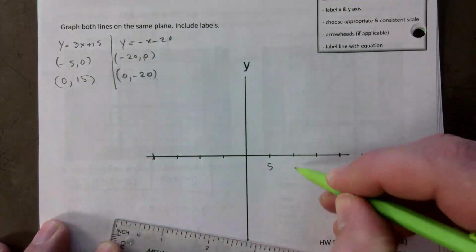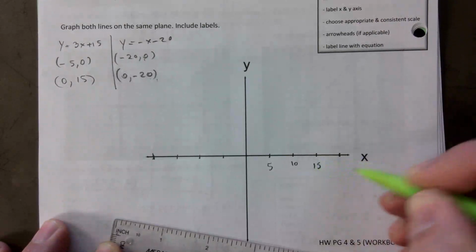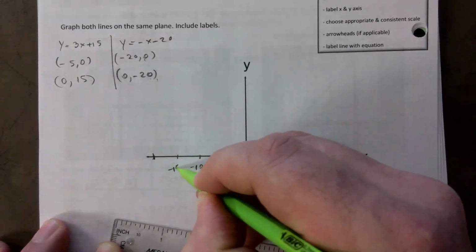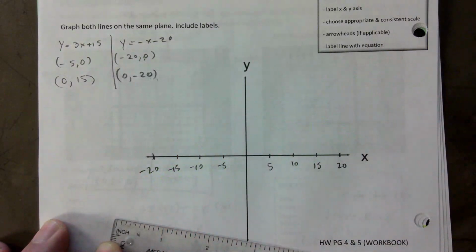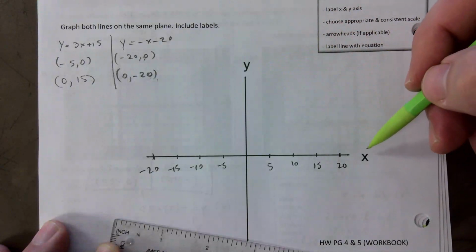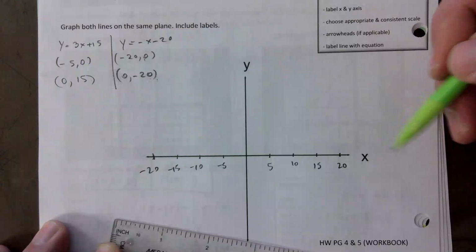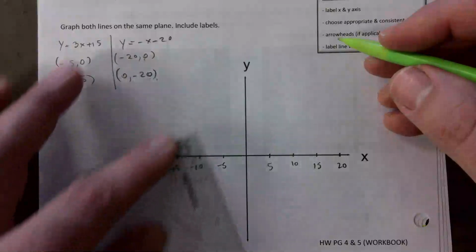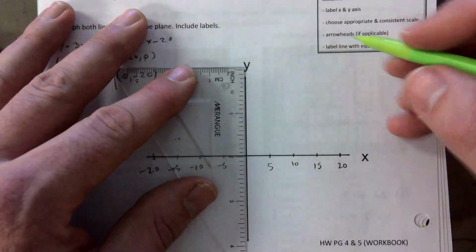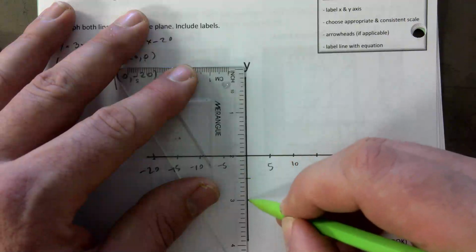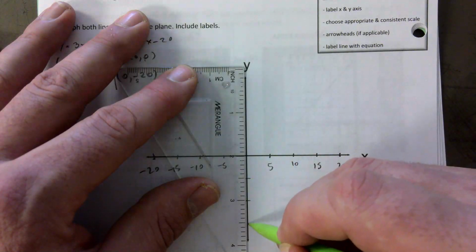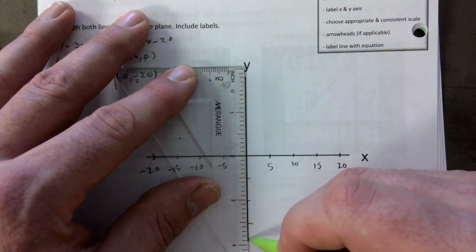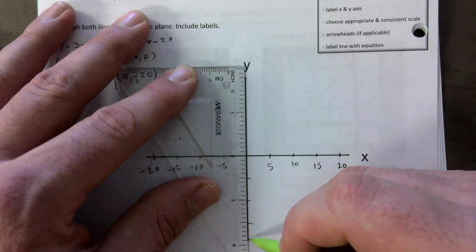So that's the scale I choose for my x-axis. And x and y is already labeled. If it's not, you're going to want to put that on. There are arrowheads on the axes, so that's good. Let's do the same thing here. I'm going to go negative 5, negative 15. Sorry, negative 5, negative 10, negative 15. I'm running out of runway here.